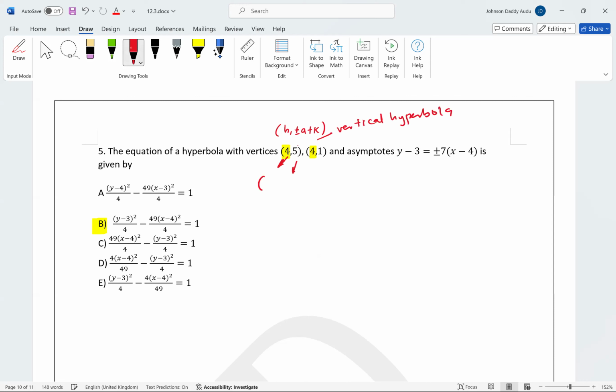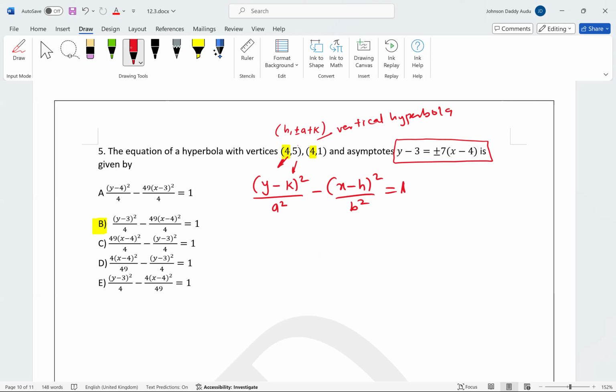And that means your formula is going to be something like this. You are just to have y minus k squared over a squared minus x minus h squared over b squared equals 1. So the question now is, how do you get the stuff done? If you come here, you can see directly that you have some of those things, because this is an equation of asymptotes.